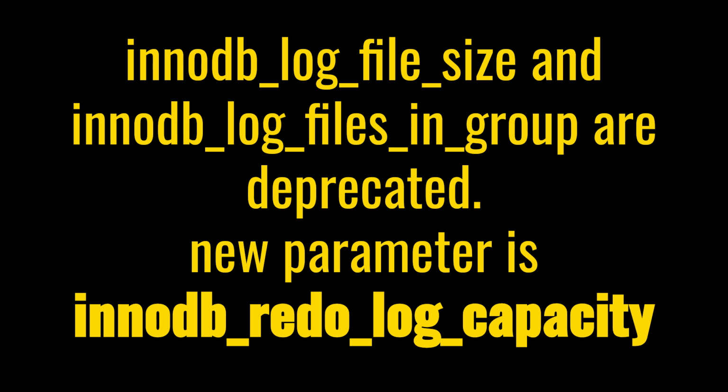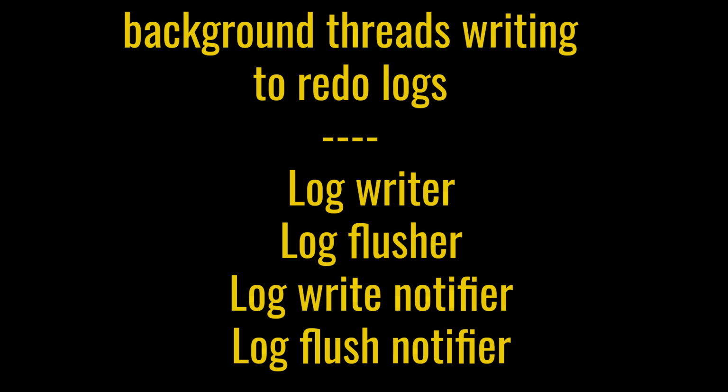If you use innodb_redo_log_capacity parameter, then MySQL tries to create 32 redo log files with each file size equaling innodb_redo_log_capacity divided by 32. Four background log threads are responsible for writes of new data to disk.